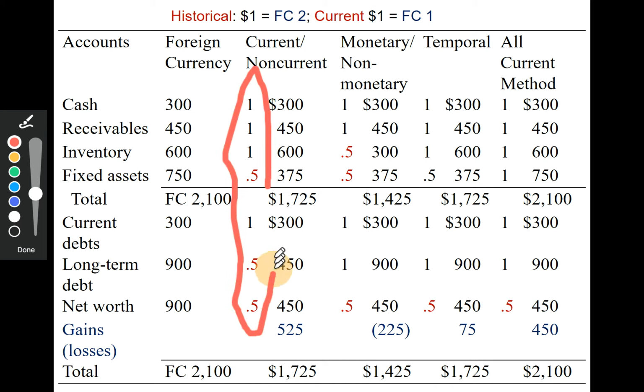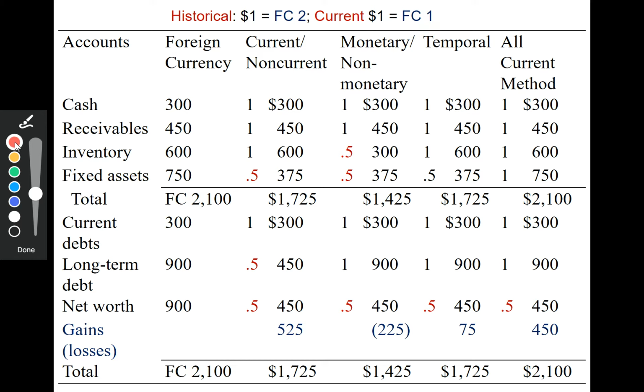That's the work that you and I are focused on. So first we go to cash, and we say, look, I'm under current non-current method. Is cash a short-term asset or a long-term asset? Well, cash is a current or short-term asset. Current assets are translated at current exchange rate of parity.